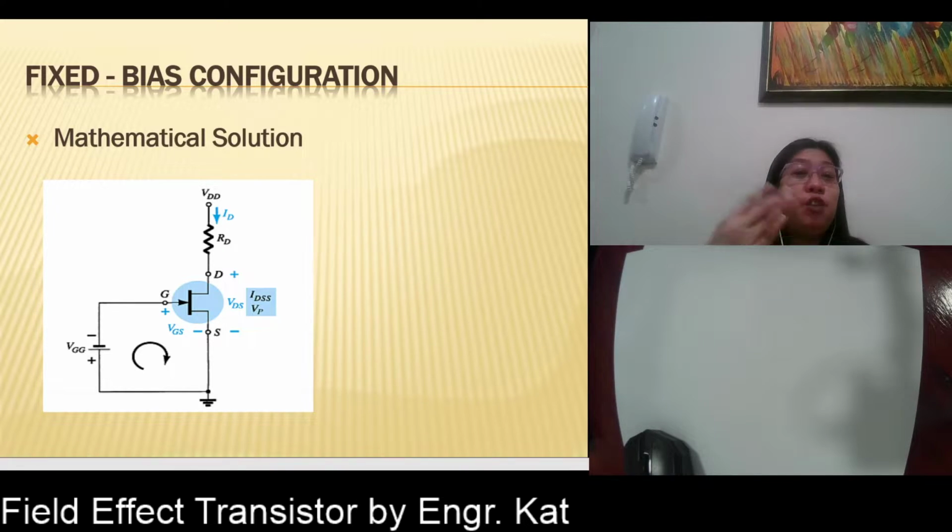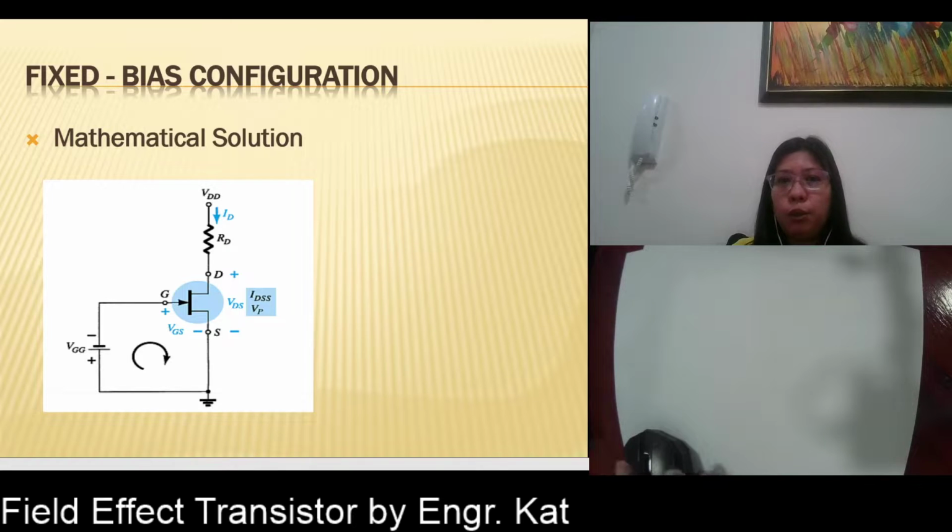Everything changes once we place your device or your transistor into your circuit. Therefore, we need to solve for your ID at a certain point of your VGS. What will be your ID if your VGS is of this amount, or vice versa? If my VGS is like this, what will be my ID? So we are trying to solve for two values using a single formula, which is your Shockley equation. We don't have any other formula, just your Shockley equation.